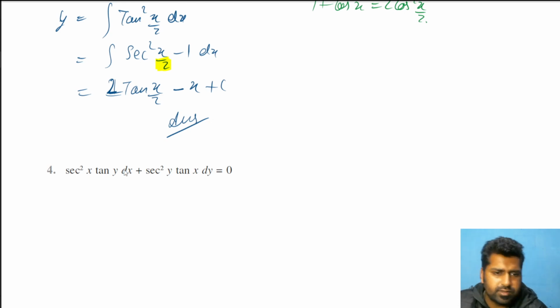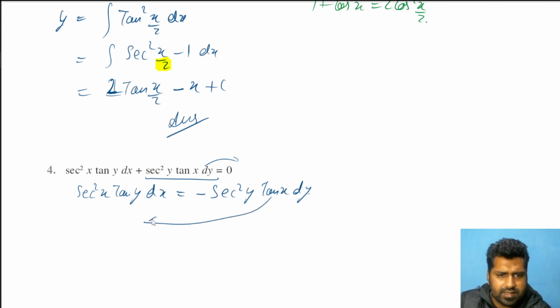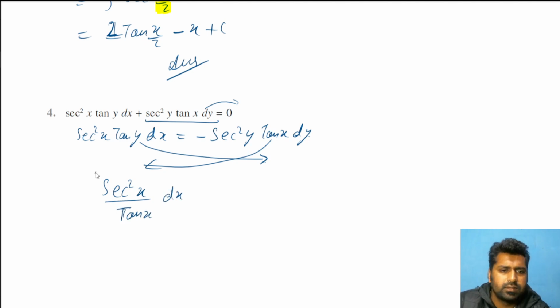So for this, first of all, we'll keep this term sec square x tan y dx is equal to minus sec square y tan x dy. Now separate y terms and x terms. Take this tan x here, take this tan y here. So this is sec square x upon tan x dx, integration, minus integration of sec square y upon tan y dy.